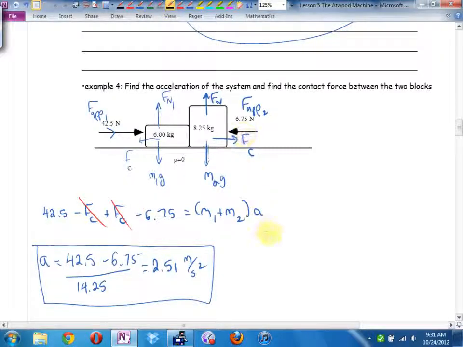Who's winning? Contact force. Who's losing? The 6.75. And I think those are the only horizontal forces on that. And we're looking at one mass, so it's going to be 8.25 times A. Holy smokes, this falls apart.